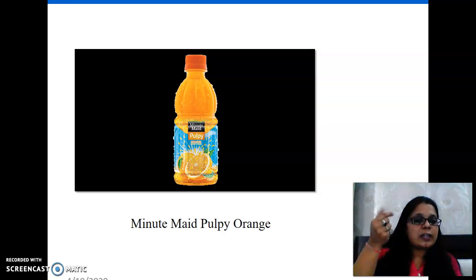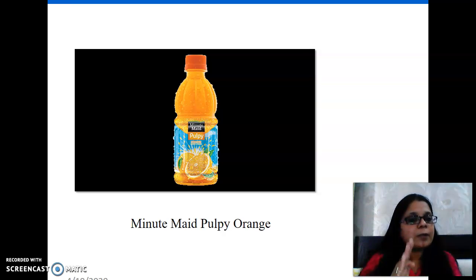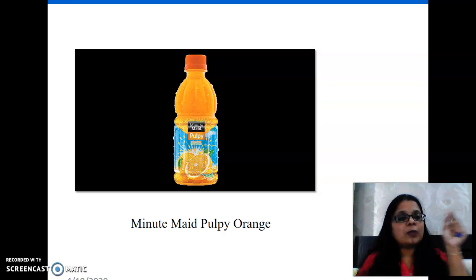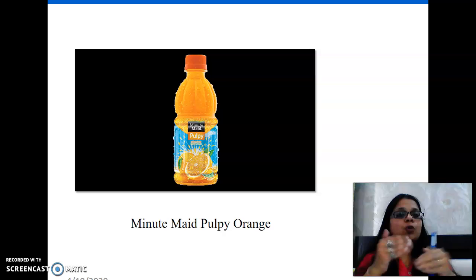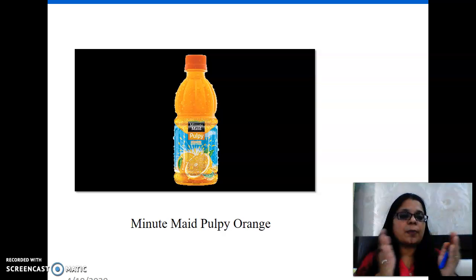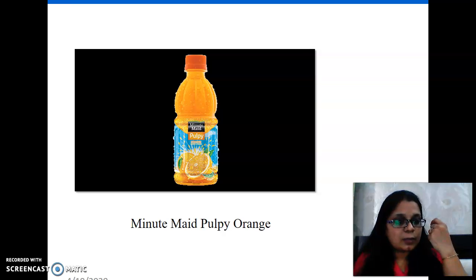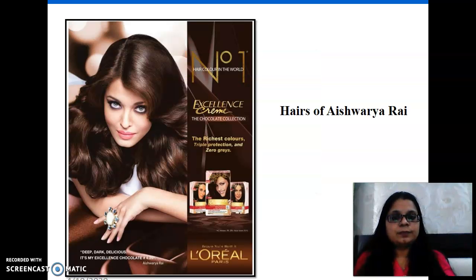If you just see the texture of the bottle, although they are providing pulp of orange in the brand, even the texture of the bottle itself is very granular, which gives a specific appearance to the bottle of Minute Maid. The consumer easily gets attracted, thinking that there's a lot of pulp inside the bottle because of the texture of the packaging.